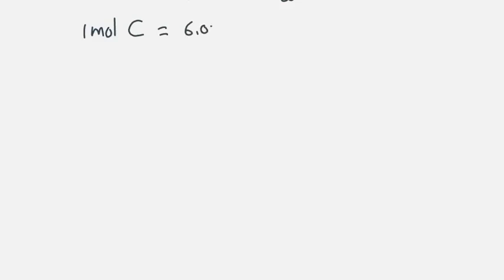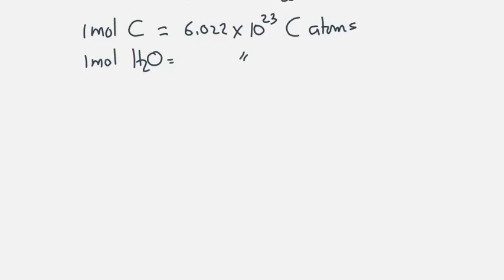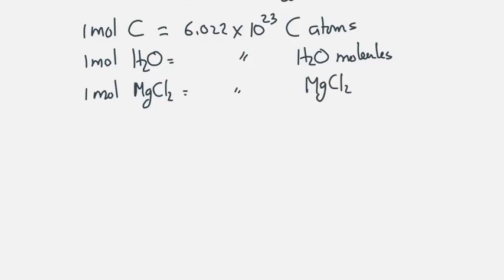It means 6.022 times 10 to the 23 carbon atoms. If I say 1 mole of water molecules, it means the same number of water molecules. If I say 1 mole of MgCl2, it means 6.022 times 10 to the 23 MgCl2 formula units.